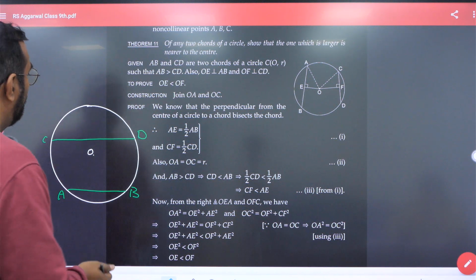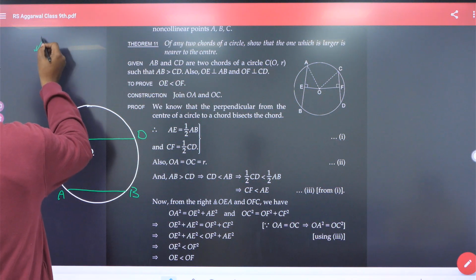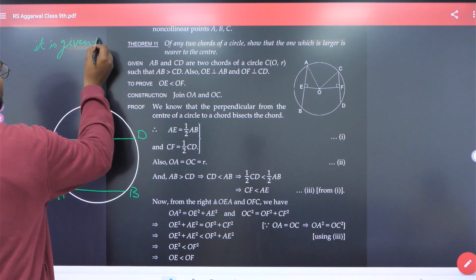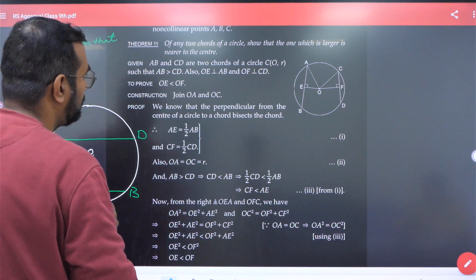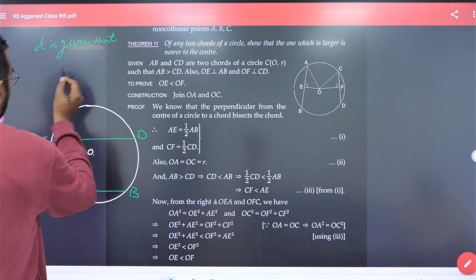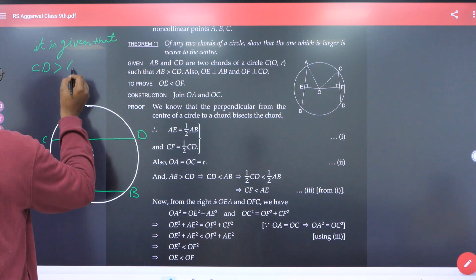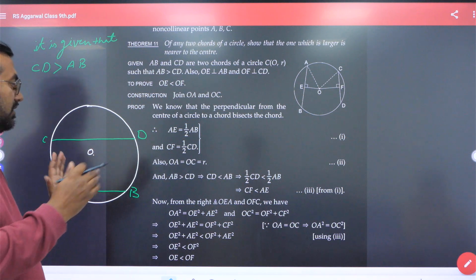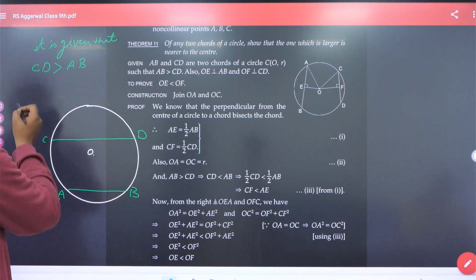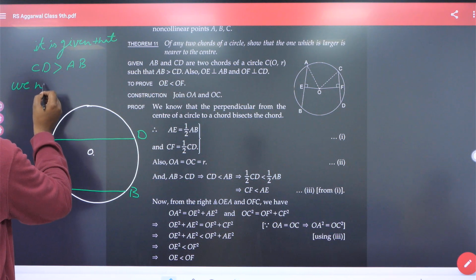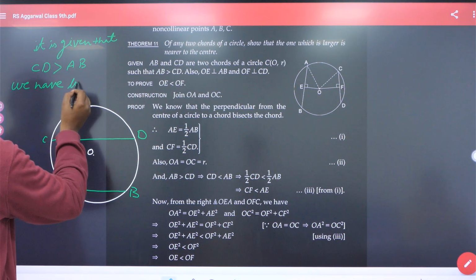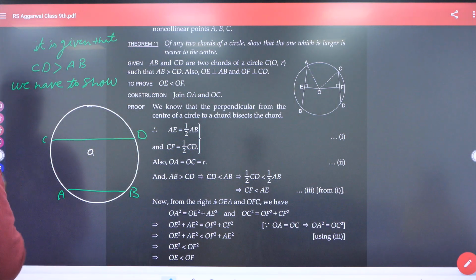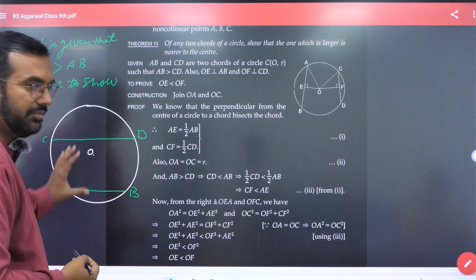So what is given here? It is given that CD is greater than AB, means the length of CD is greater than AB, and we have to show that CD is nearer to the center.